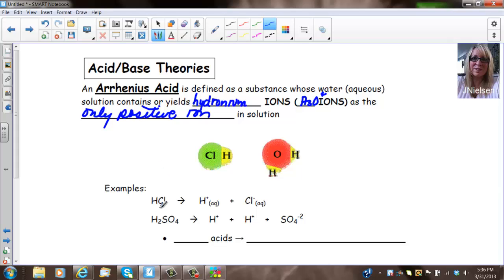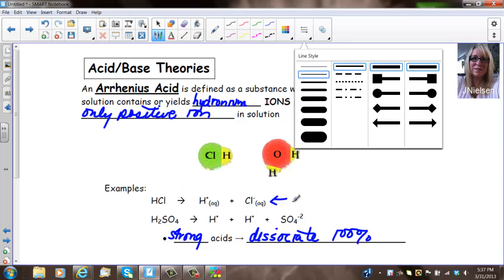An example of that is HCl. It dissociates into H+ and Cl-. H2SO4 will eventually dissociate both H's and SO4 2-. So strong acids dissociate 100%.